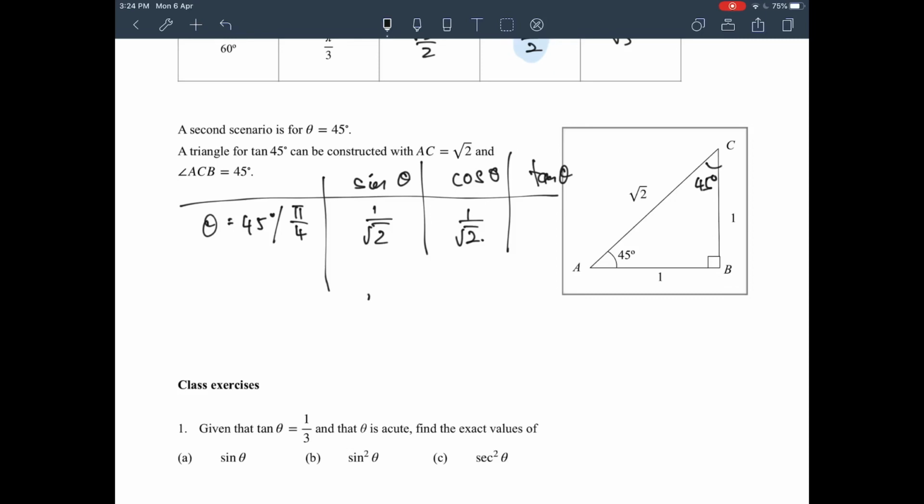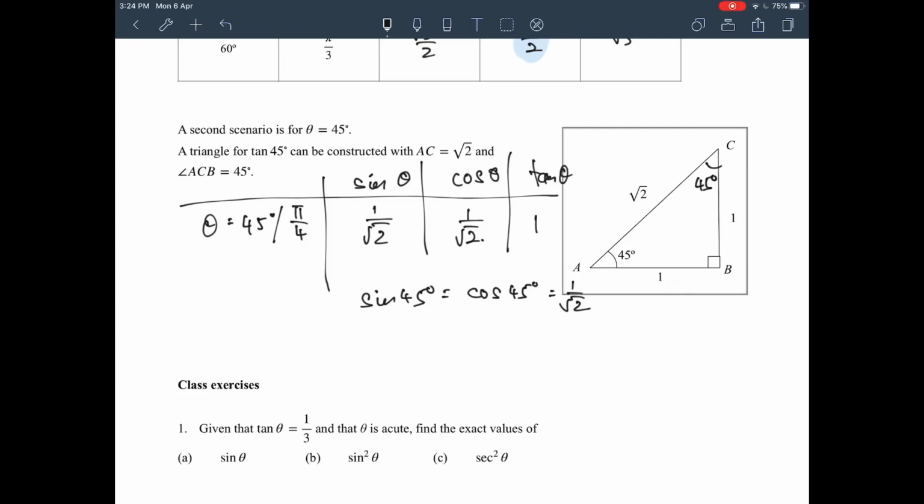Then you can see that sine 45 degrees is equal to cosine 45 degrees, which is equal to 1 over root 2. And our last ratio will be tangent 45 degrees, which is opposite over adjacent, and that will give us 1.